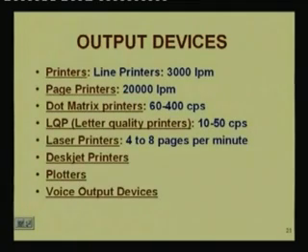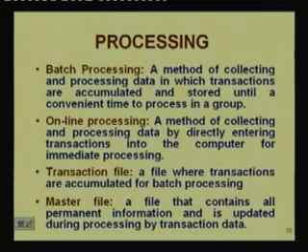Then we have the printers like line printers, you can have page printers, you can have dot matrix printers, which are not so popular anymore. The letter quality printers, the laser printers of various types, the jet printers, various kinds of plotters, the voice output devices, and so on.